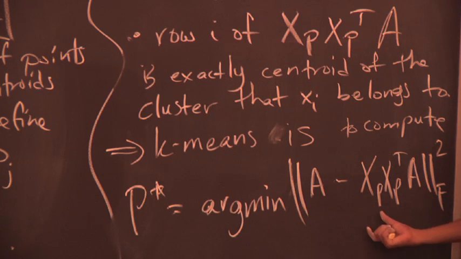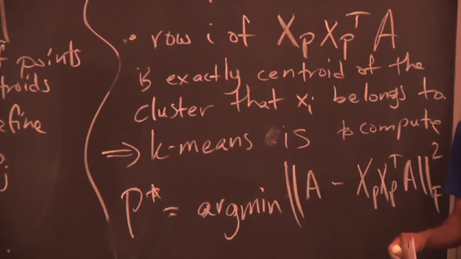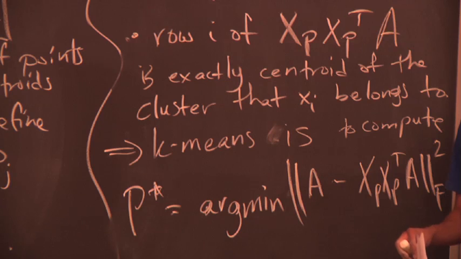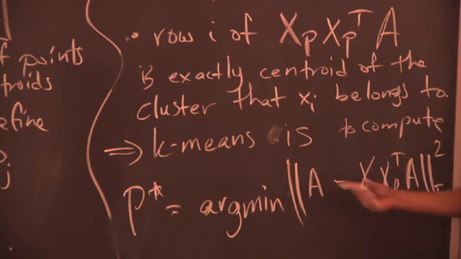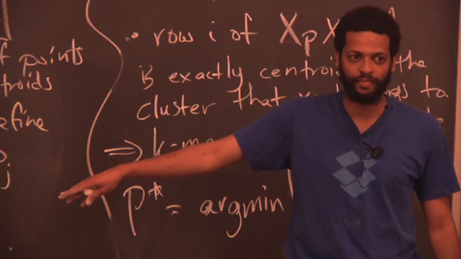It's the projection of A onto some k-dimensional subspace, right? So k-means is actually finding the best rank k approximation to A, but you're not allowed to use any rank k approximation you want. It has to be a restricted one of this form, XP XP transpose A, where XP looks like one of those matrices.